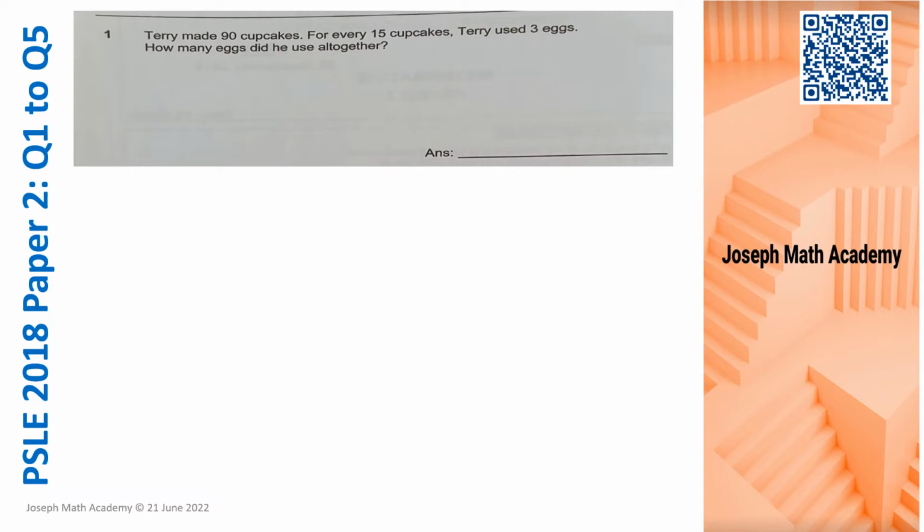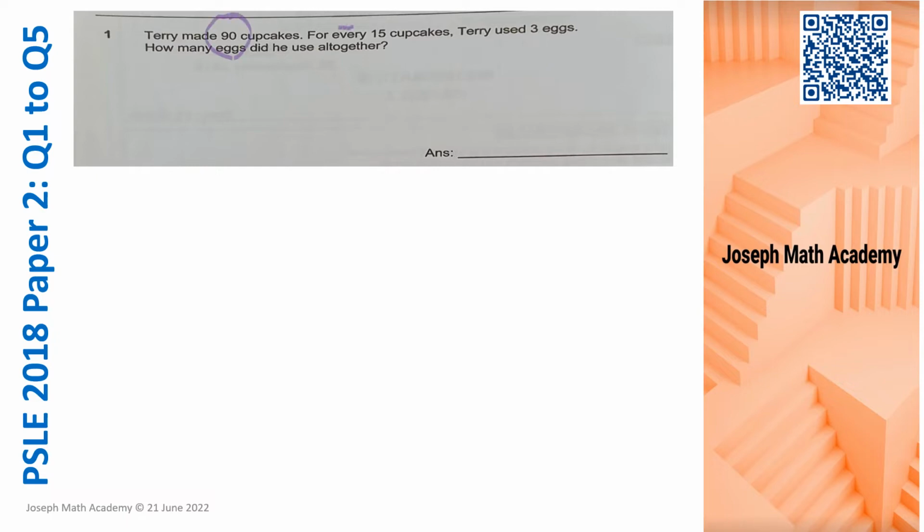Now, using the exam SMART strategy, performing the RAISE, R-A-I-S stages, I have finished reading and I'm going to annotate. Terry has 90 cupcakes.